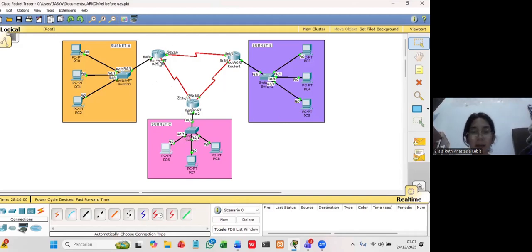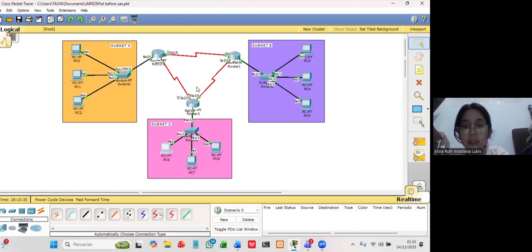To apply VLSM correctly, the subnetting process starts from the largest host requirement to the smallest. The largest subnet is LAN C, which requires 45 hosts, so it uses a /26 subnet mask.